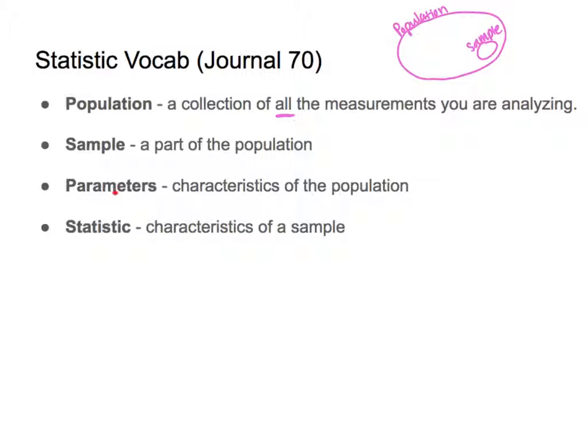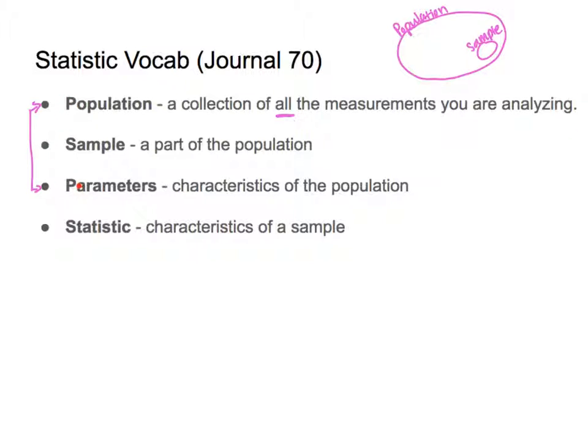And then parameters and statistics are talking about the math component of either a population or a sample. Parameters are talking about the characteristics of a population, so parameters are connected to population. I like to remember that because they're both P's, okay?